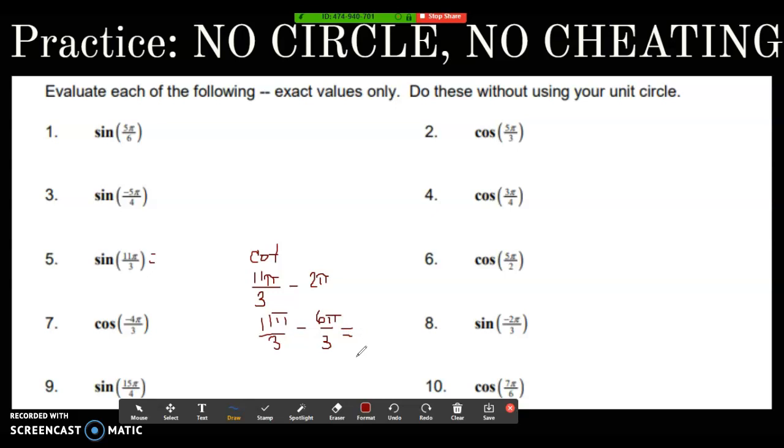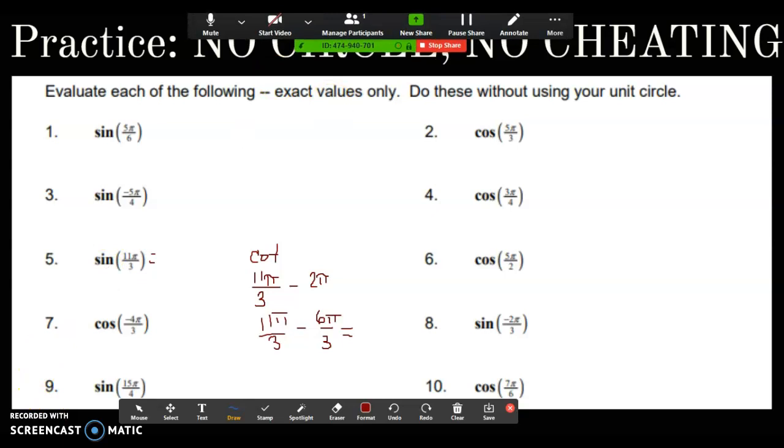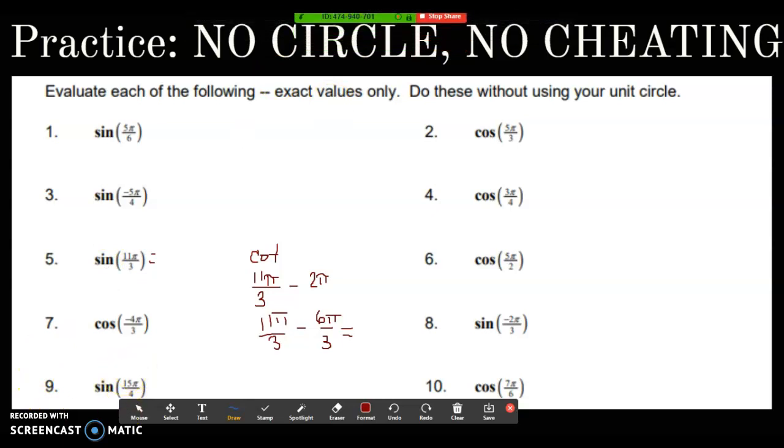If I take 11 pi over 3 minus 6 pi over 3, that equals 5 pi over 3.